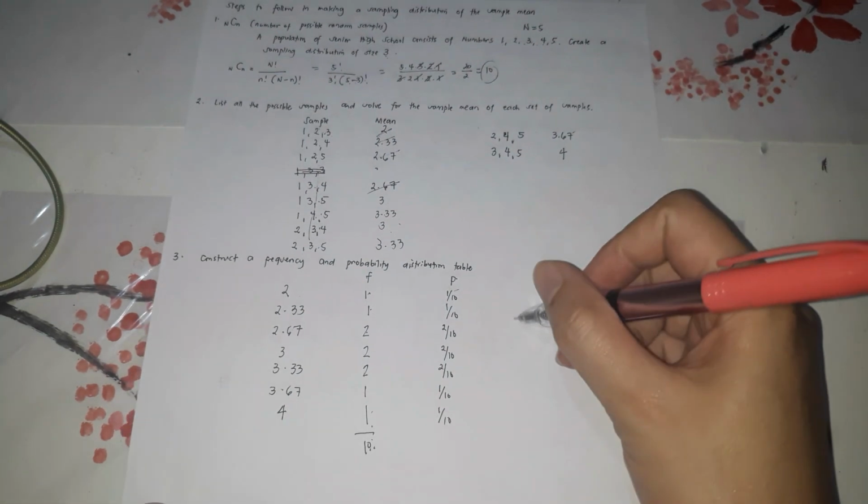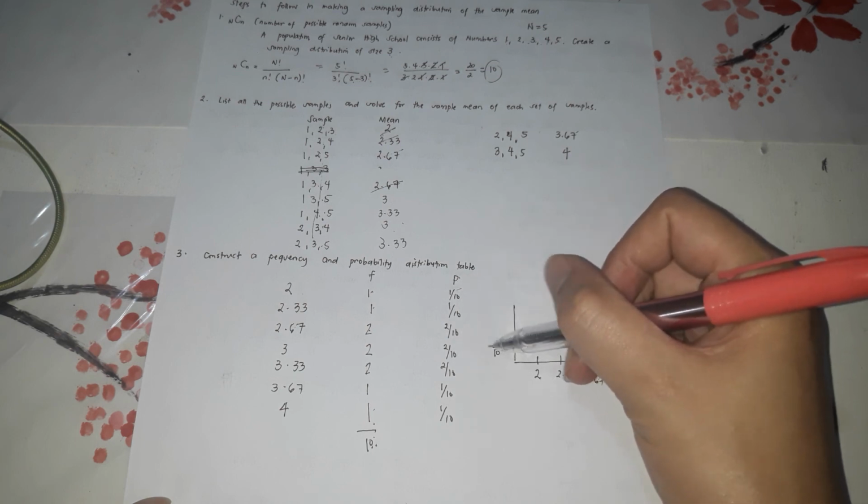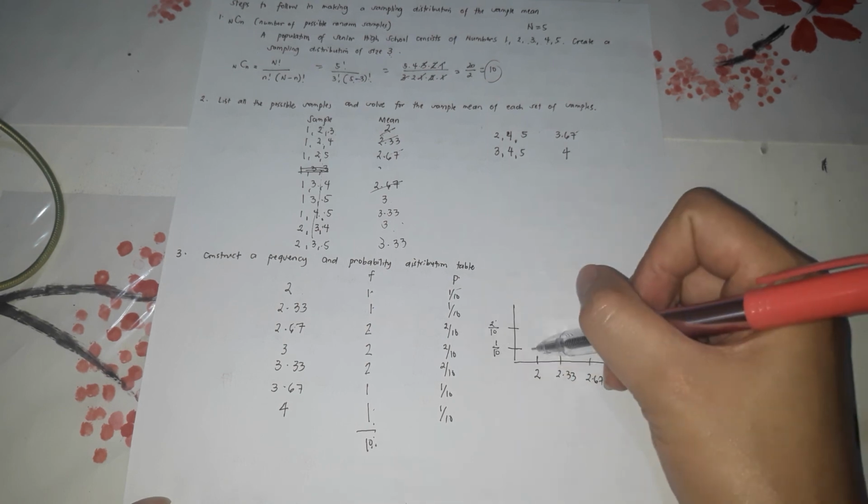To make a histogram, you do it like this. The values here are 2, 2.33, 2.67, 3, 3.33, 3.67, and 4. Here, the probability values are 1 over 10 and 2 over 10. At 2, it's 1 over 10.